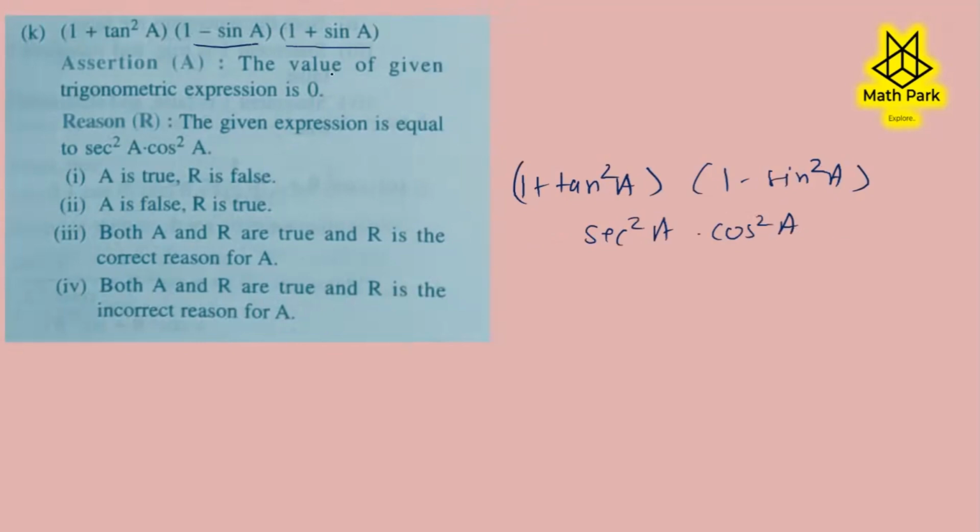Now here the assertion says the value of the given trigonometric expression is 0. So this is wrong, false, because 1 is the answer that we are getting. So A is false. The given expression is equal to sec square into cos square. This is true, this we have shown. So here A is false and R is true. So the second option is the correct option.